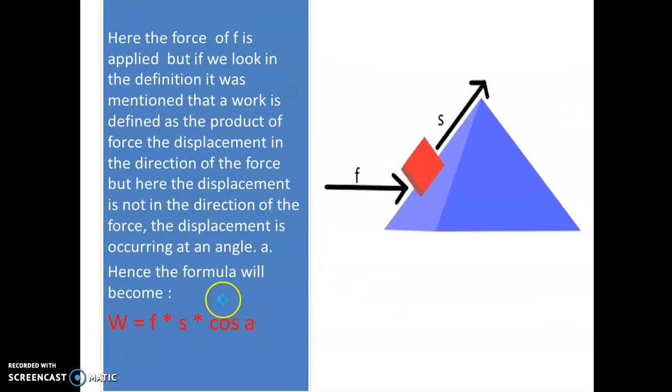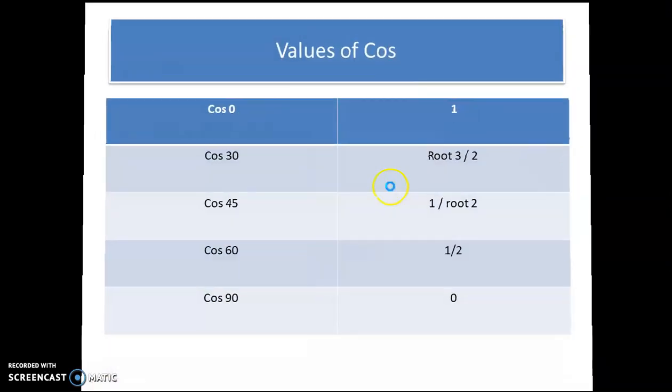Then the magnitude of the work will be 0. That means no work is done if the force and the displacement are at right angles to each other. That is why if a coolie is carrying luggage on his head and standing, we can say that the work done by the coolie is 0, because the angle is 90.